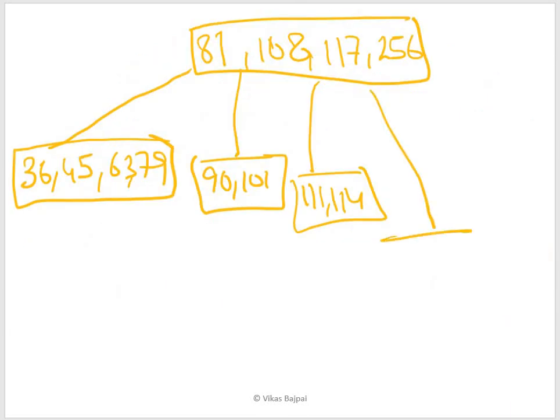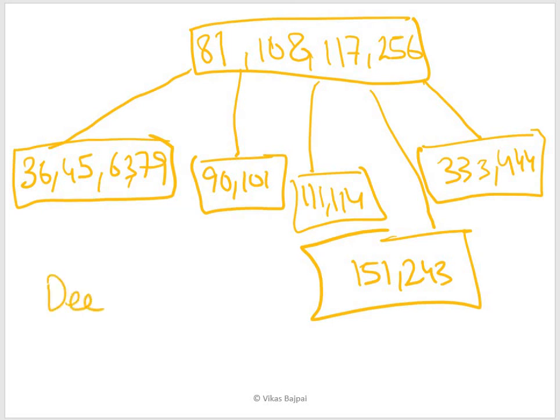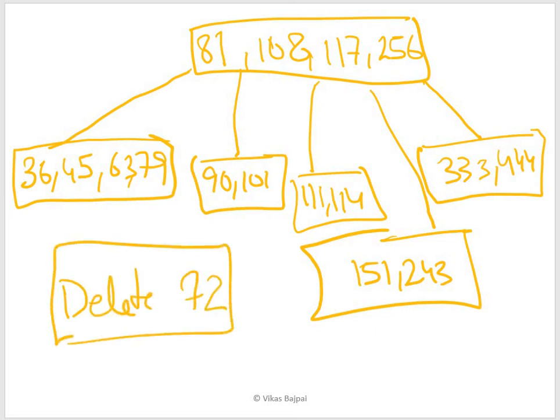Now I'm adding 151 to this, 243 as it is, and the last portion, which is 333 and 444. This is the final one after deleting 72. So this 72 has brought a major change in our B tree.